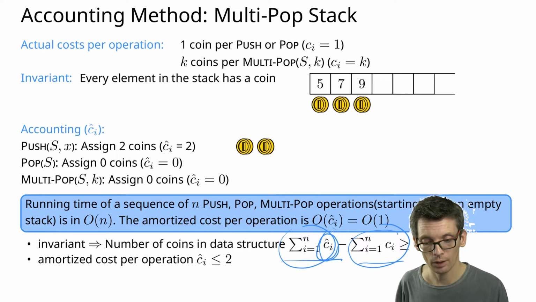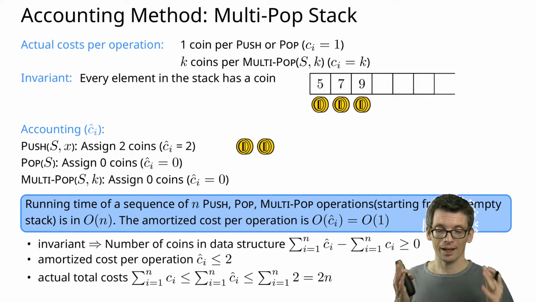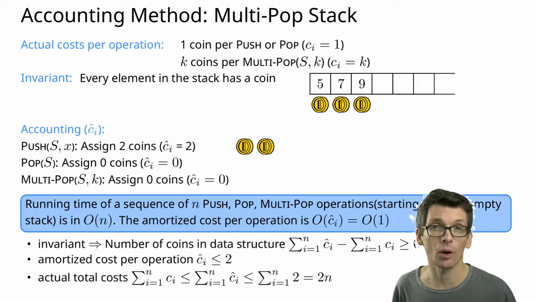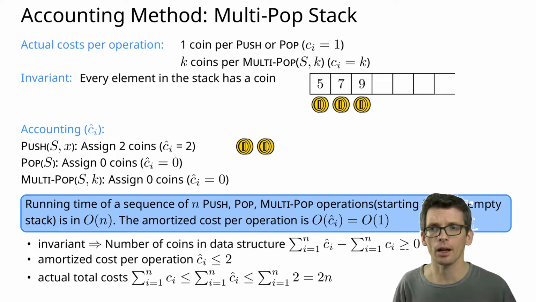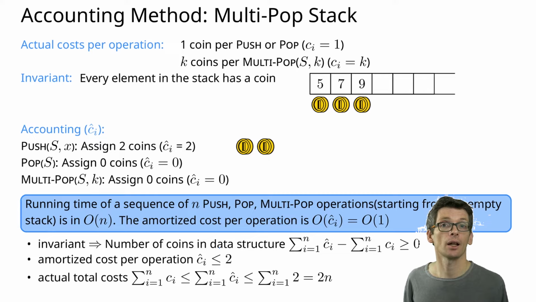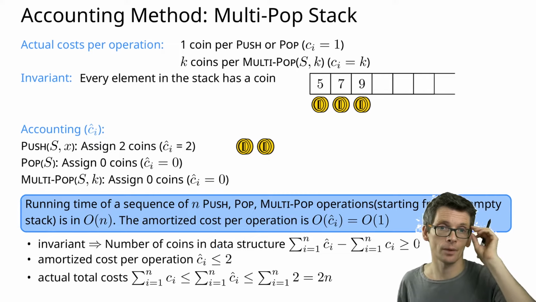For the amortized cost we can upper bound them by 2, and this gives us a bound of 2n for our actual cost. So this was an alternative analysis for analyzing multi-pop stacks. So this again tells us that this algorithm that we saw at the very beginning runs in linear time.